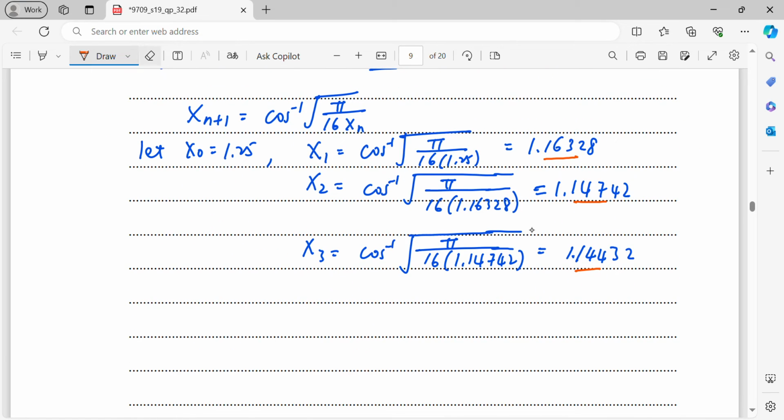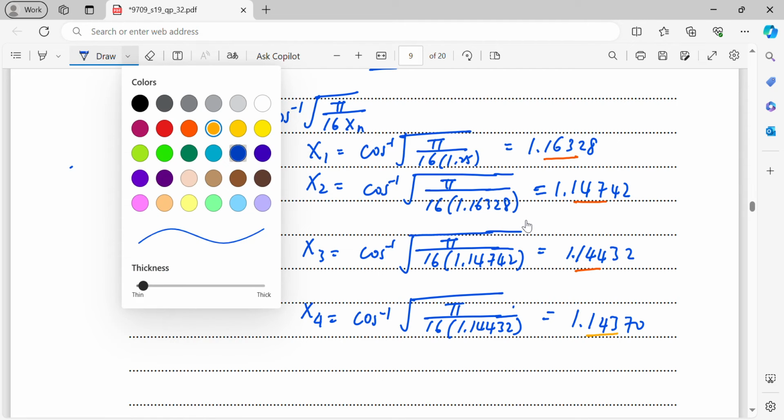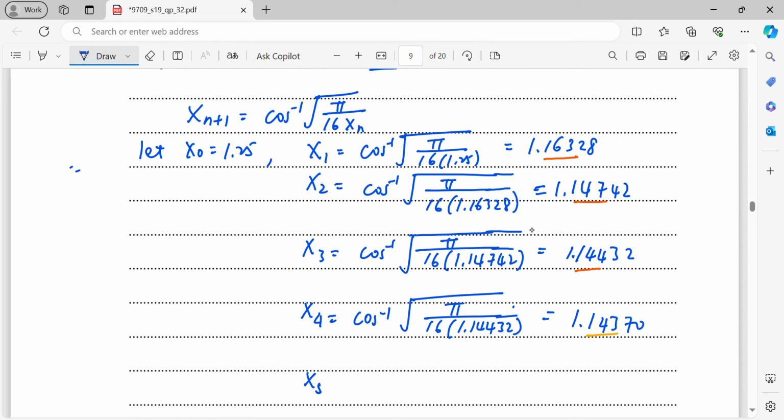So it means that now I need to continue for x4. That is inverse cos square root of pi over 16 times 1.14432. Then this is 1.14370. So it's almost approaching the final answer. Okay, so let's do one more step.